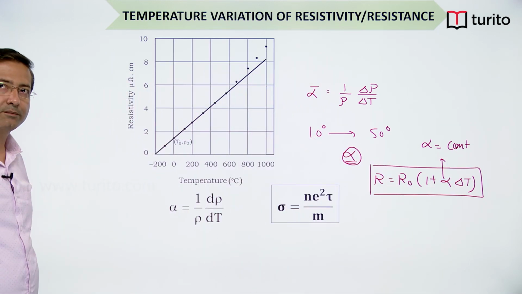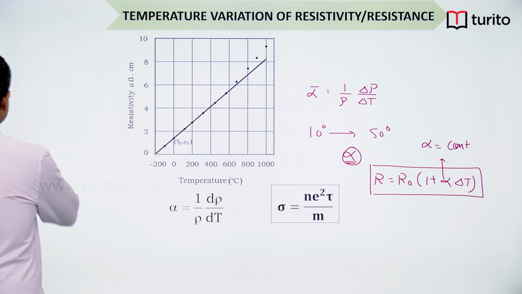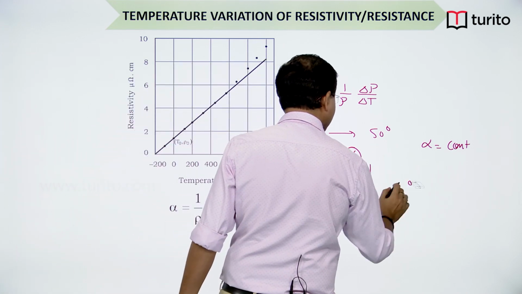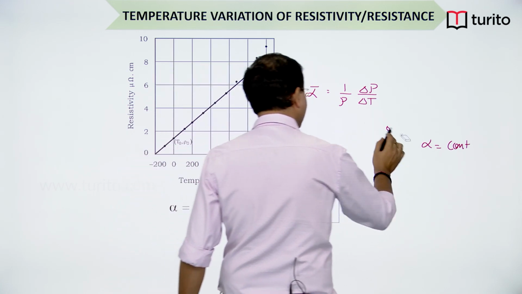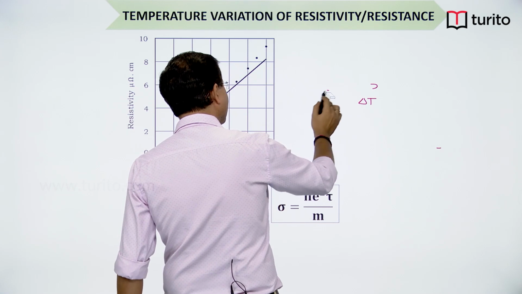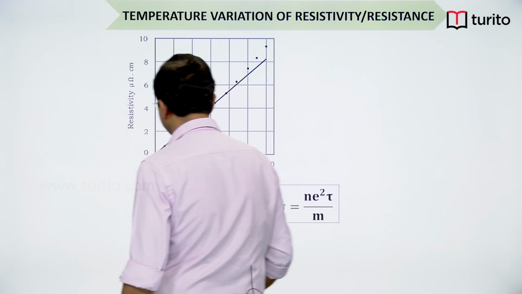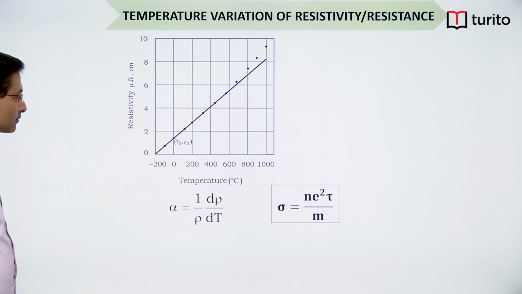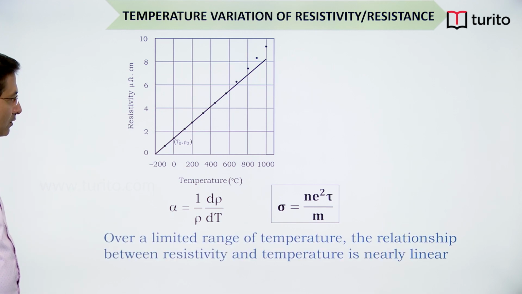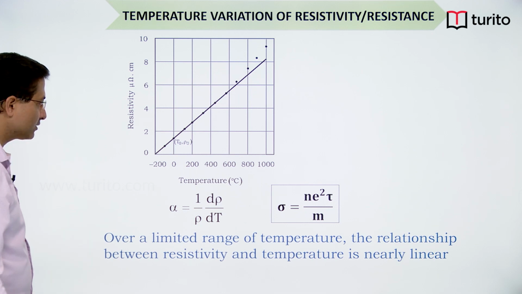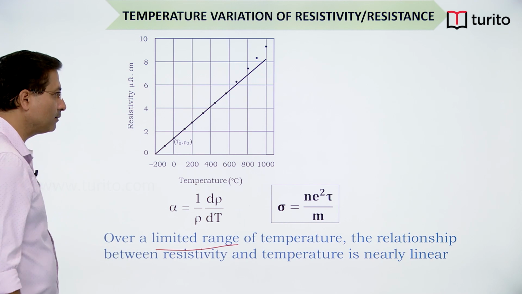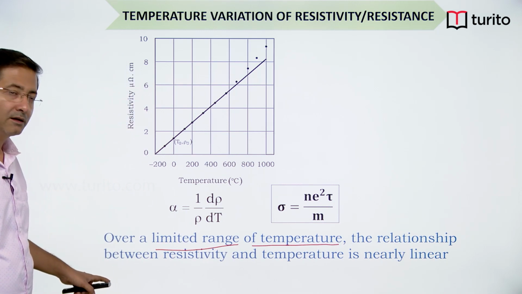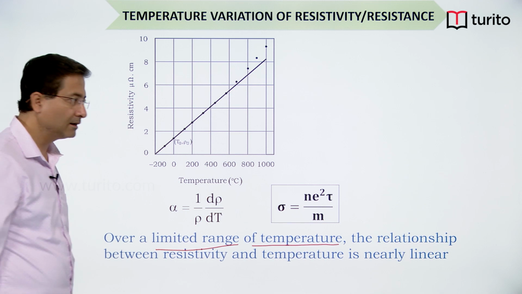So, I hope this whole concept is clear. Now, over the limited range of temperature, just now what we have discussed, the relationship between resistivity and temperature is nearly linear.